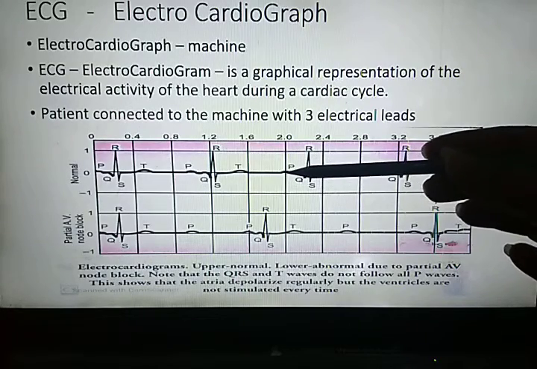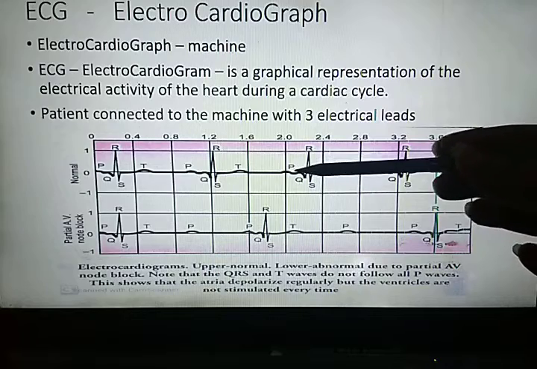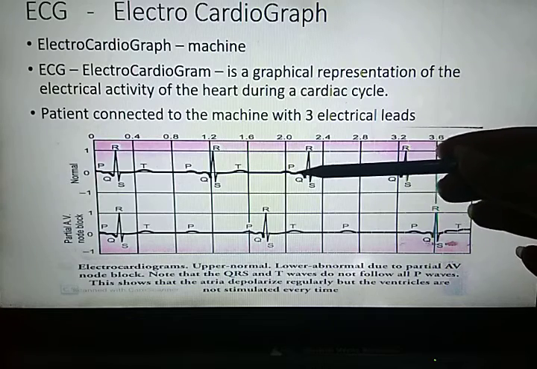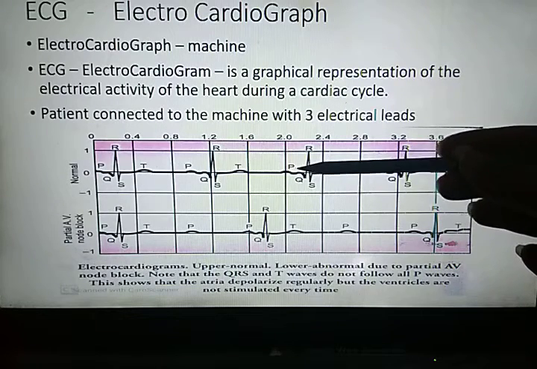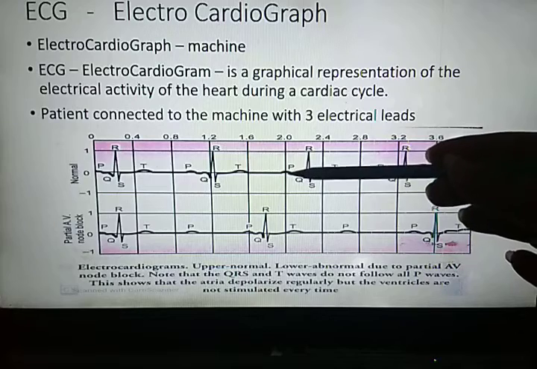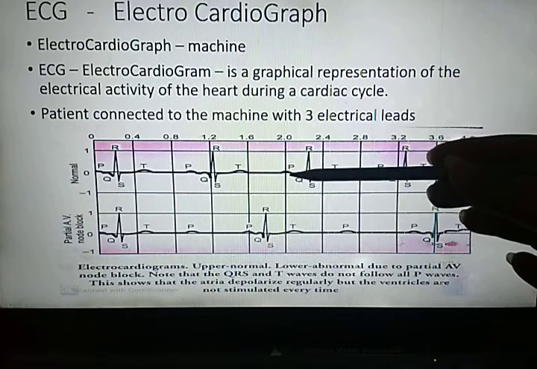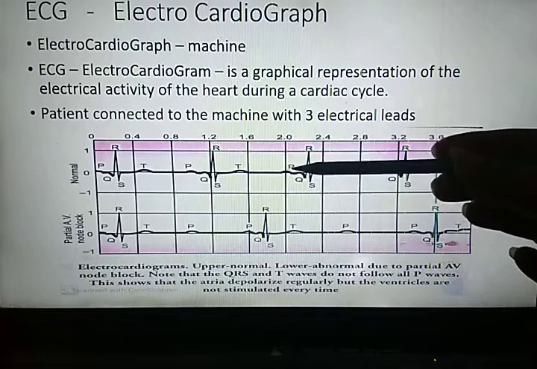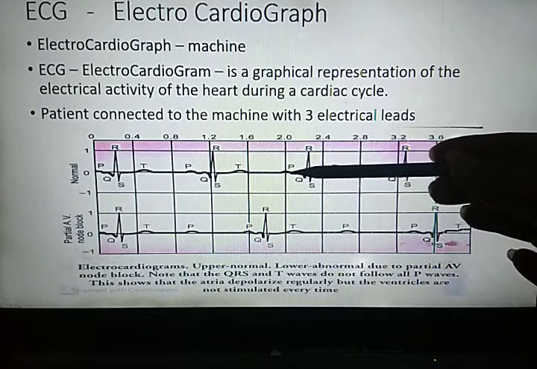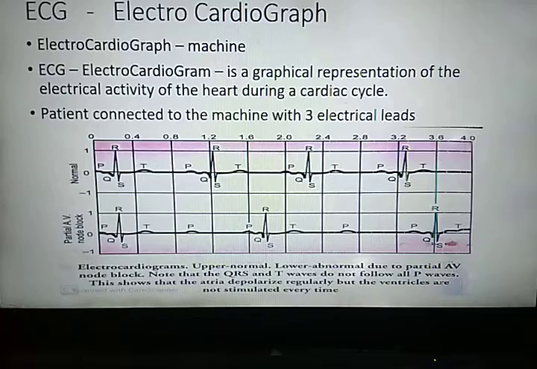P wave represents the electrical excitation or depolarization of the atria. Depolarization means contraction, which means P wave represents the contraction of the auricle, or you can say depolarization of both auricles.